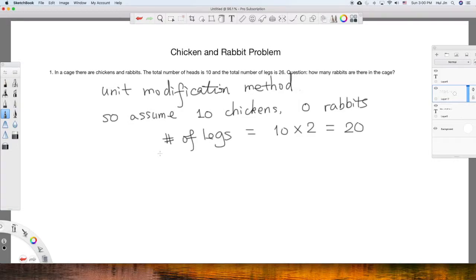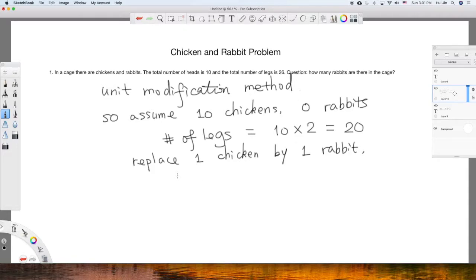Instead of trying to guess how many replacements there will be, let's just do it one step at a time. Let's just take one chicken and replace it by one rabbit. What does that mean? We take out the chicken and put in a rabbit.